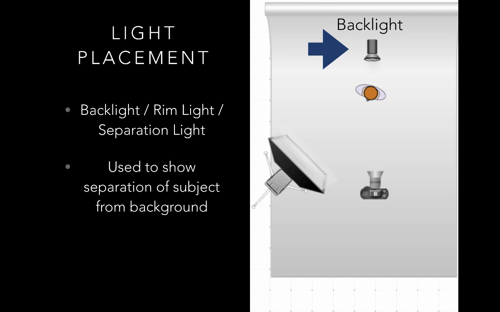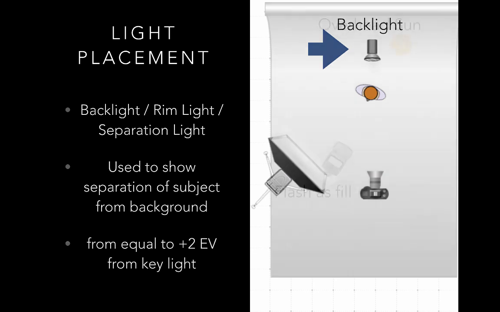You can use it creatively. You can gel them. You can make them different colors. Generally, you're going to find most people are going to make the backlight the same exposure level on the subject as the key light, or up to maybe a couple exposures above if you want a more dramatic rim light. If you really, really want to kind of blow out the rim light, you can go as high as 4 to 5 exposure levels above the key light.